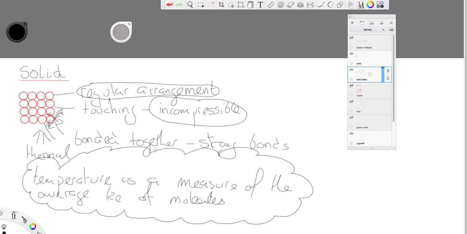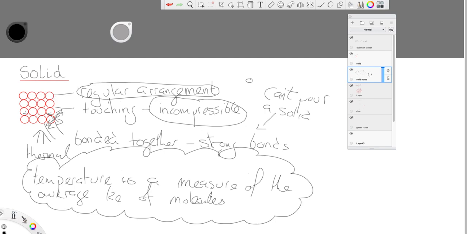They are bonded together, so they don't slide past each other. So you can't pour a solid. You might say that you can pour sand. Well, yes, but what you have are little particles of sand, which are made up of lots and lots of atoms, or molecules in fact, all bonded together like this.